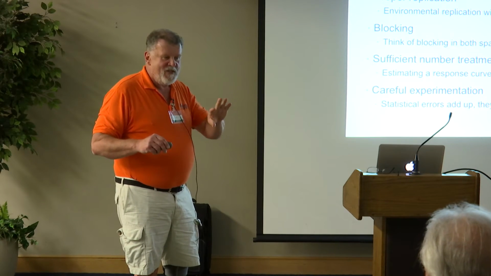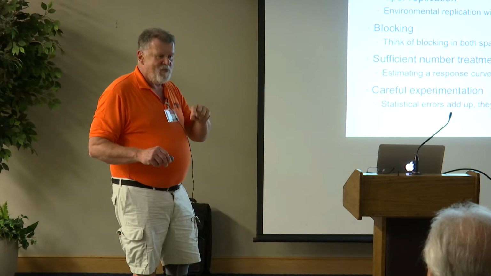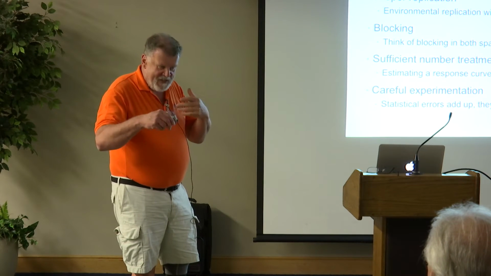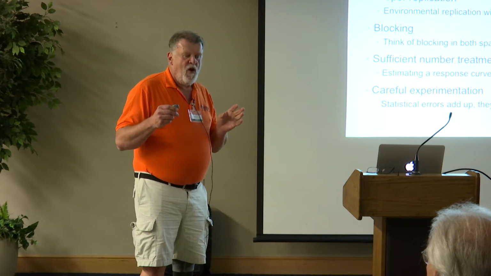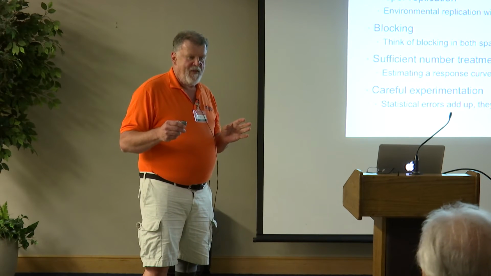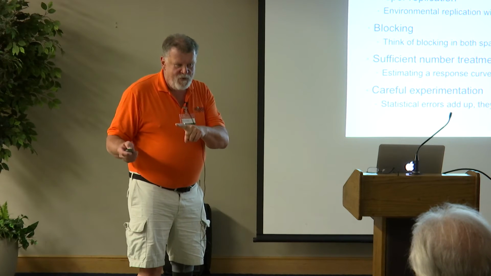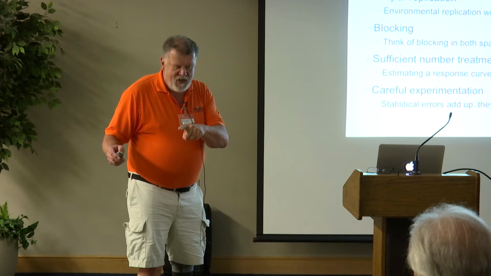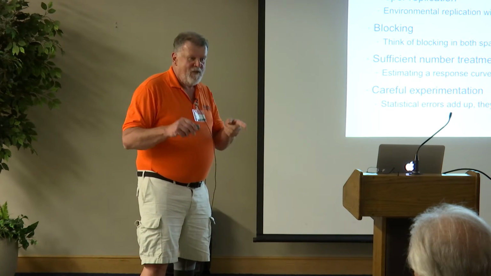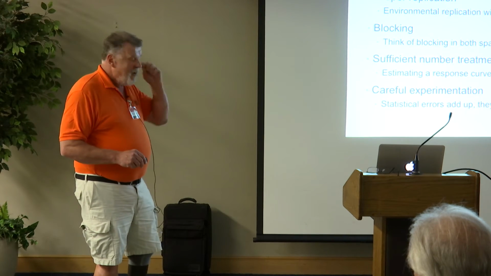If you have 4 points, you can actually estimate linear and quadratic components if it's a linear type problem. So you have to have more levels than that. And if you had a choice between more replicates for each level and more levels, choose more levels. You're better off in the modeling realm there.